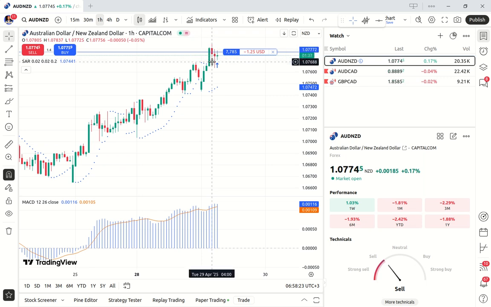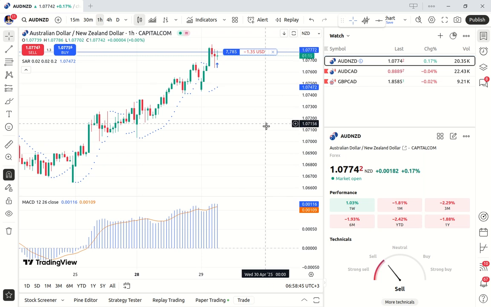If we bought at the high of 0.07 to the lows 0.076, maybe 5%, give or take. Anyway, that's the volatility right there.